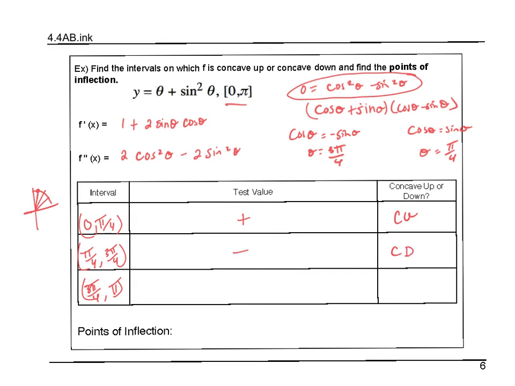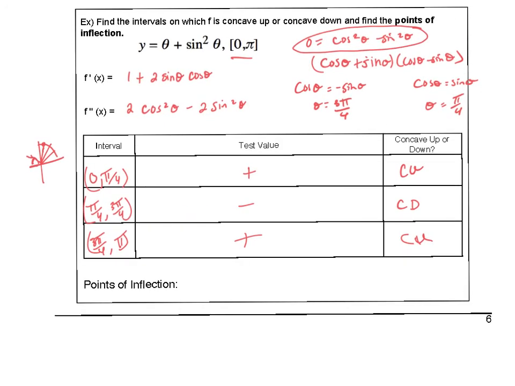And then when we move back over to here, it would be the same logic as the pi over 6, in the second quadrant, the 5 pi over 6: the x is larger than the y, and since they're both squared, it doesn't matter that one is positive and one is negative. So it's positive and concave up. So because we have changes, then we have 2 points of inflection at both pi over 4 and 3 pi over 4.